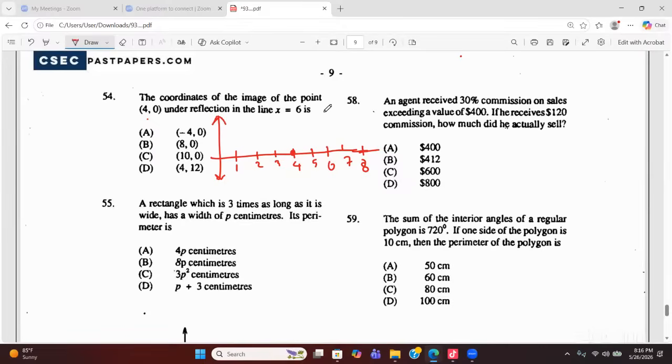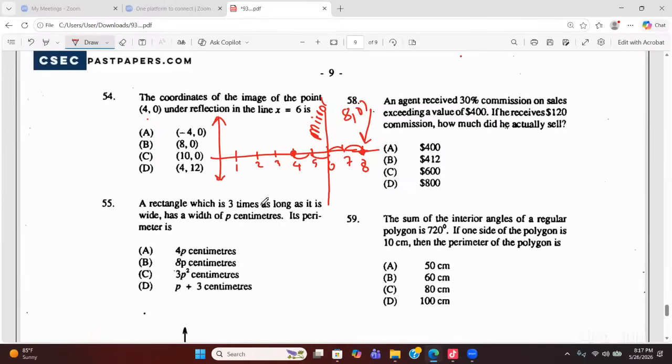You're going to reflect it in this line, people. Let me write mirror on this, because I want you to understand that with some of these questions, it might look rough, but it's not. You just need to represent yourself. So this is the mirror. If it is 2 units away from the mirror, definitely it's going to fall 2 units after. So it's going to land right there. And that point there is 8, 0.